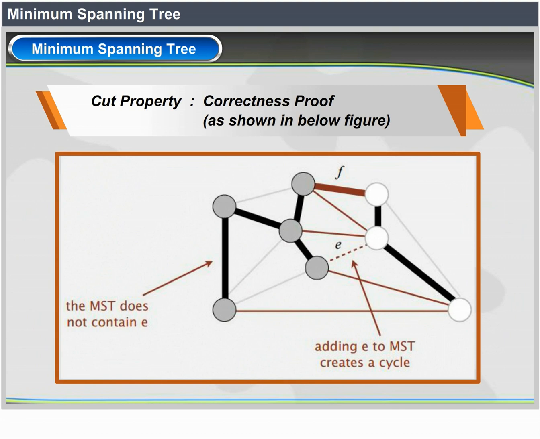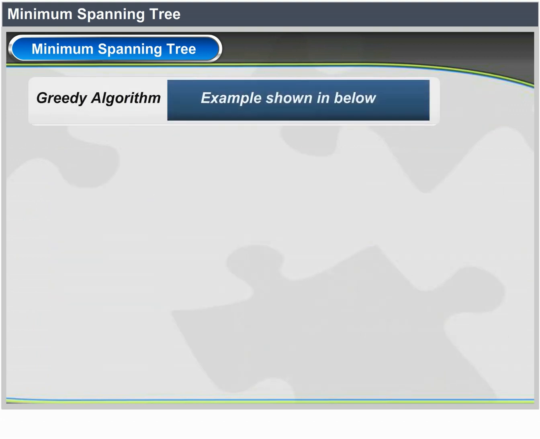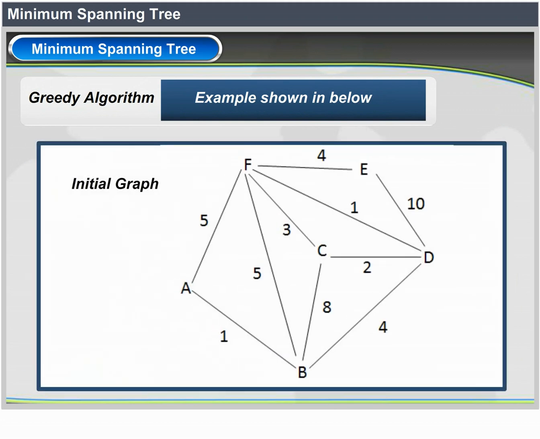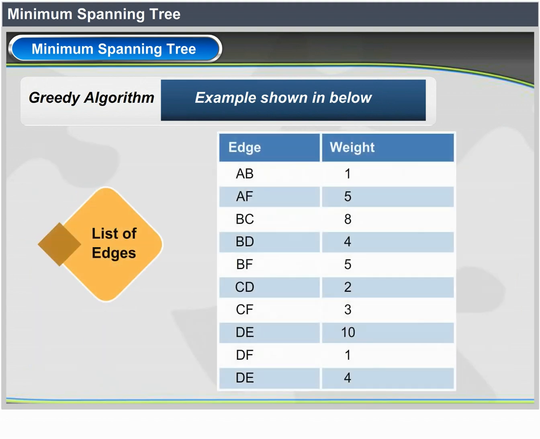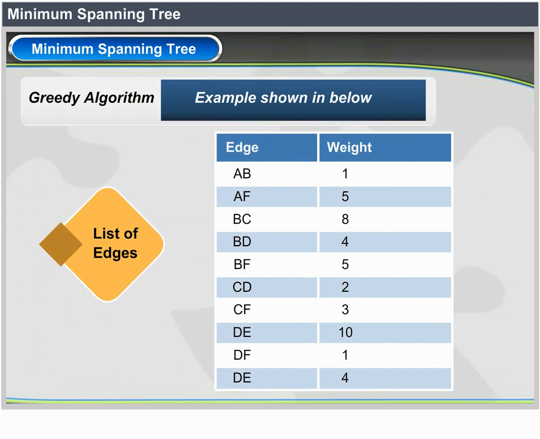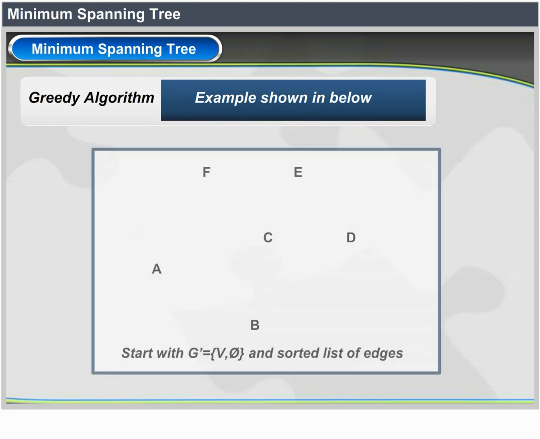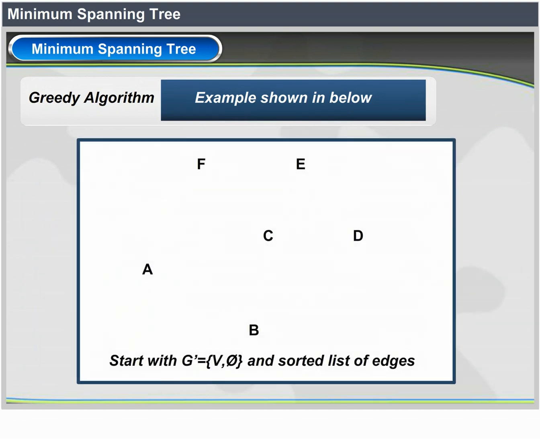Greedy algorithm example is shown here. The initial graph is shown in this figure. The list of edges for the initial graph is shown in this table. Start with G' equal to (V, null) and sort the list of edges as shown.